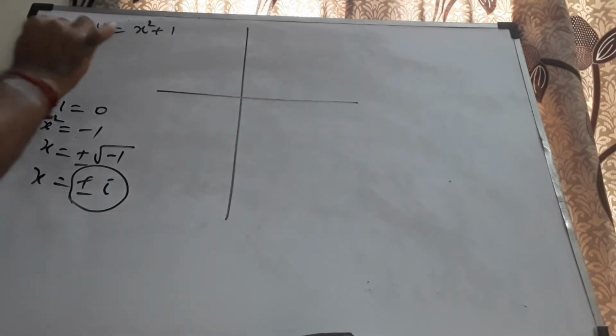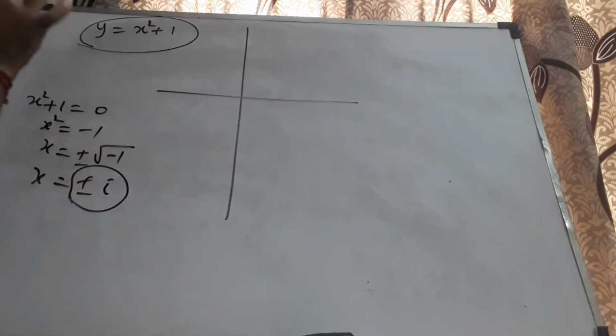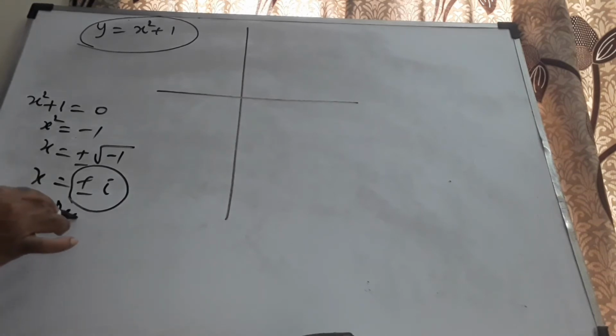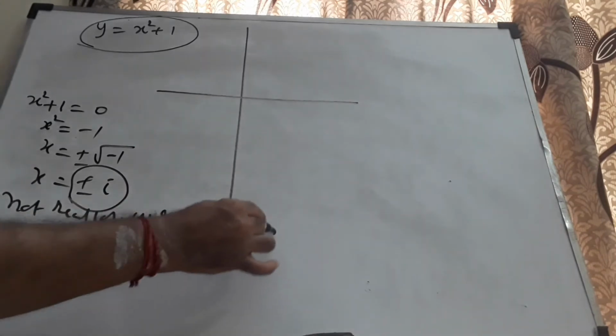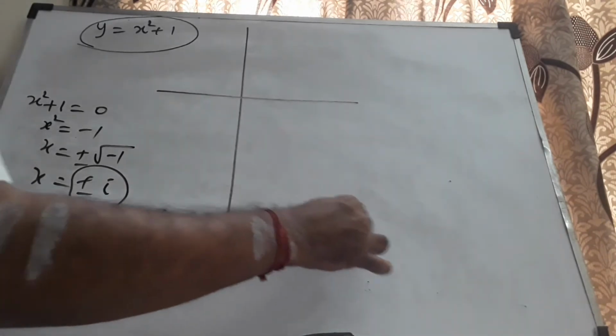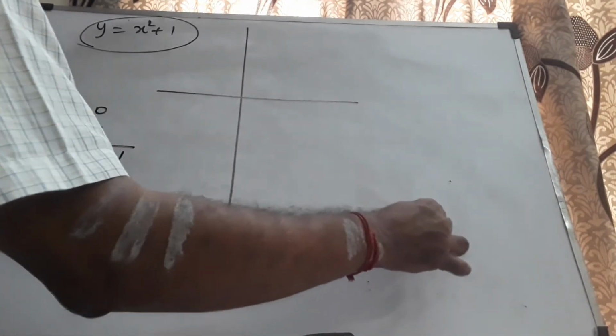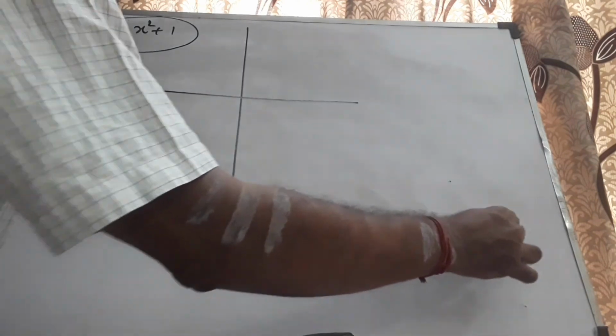Here I won't say you don't have zeros. Remember carefully. I will have zeros for x square plus 1 also. But here the zeros are called not real, or unreal, or complex, or imaginary. I can express it in four different ways.